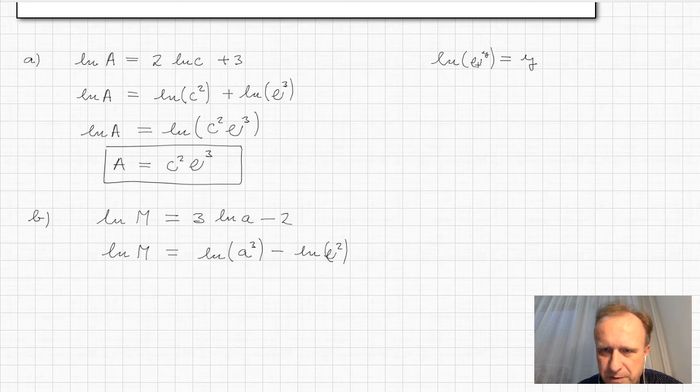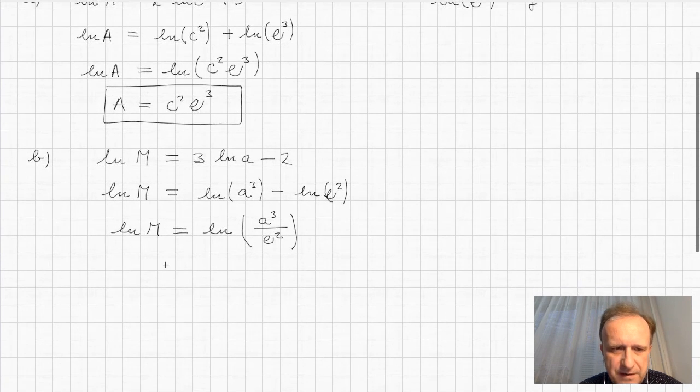Okay, so natural logarithm of e to the power of y is y, and therefore natural logarithm of e to the power of 2 is just 2. Now we can use the quotient rule law to replace the right hand side by a single logarithm. So it's the logarithm of m equals the logarithm of the quotient a cubed over e squared, like that.